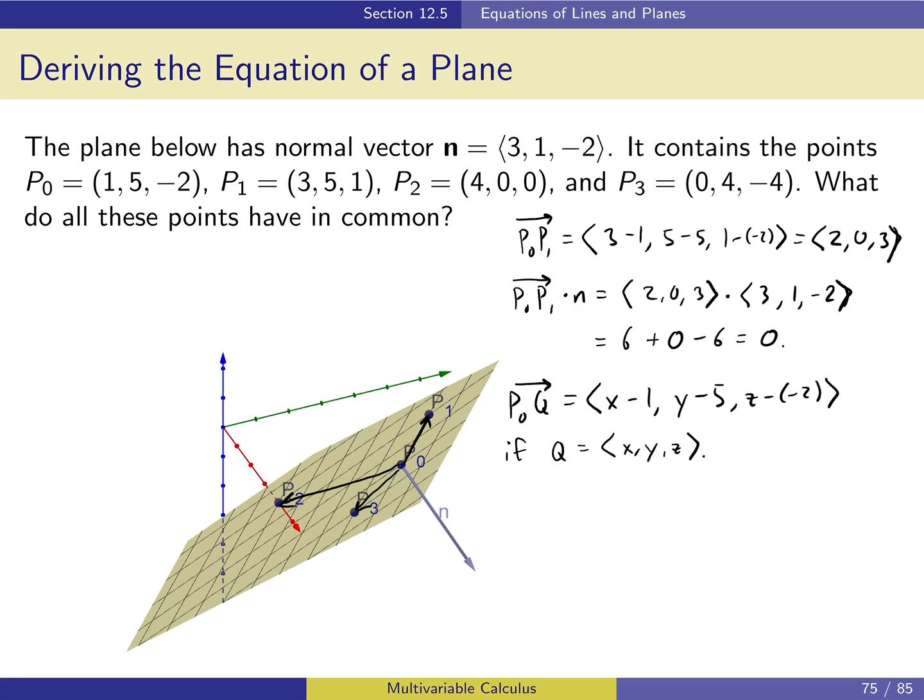And if q lies on this plane, what we better have is that (x minus 1, y minus 5, z plus 2) dot the normal vector (3, 1, -2) needs to be 0. In fact, we could take this dot product. We get 3 times (x minus 1) plus 1 times (y minus 5) minus 2 times (z plus 2) is the dot product in question. And if x, y, and z lie on the plane, then this dot product needs to be 0.